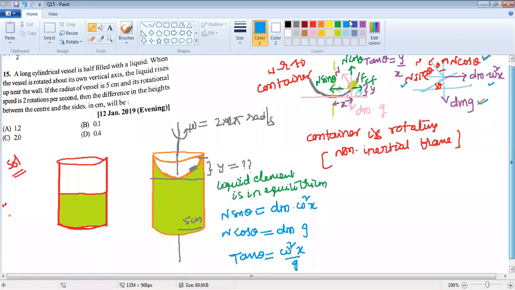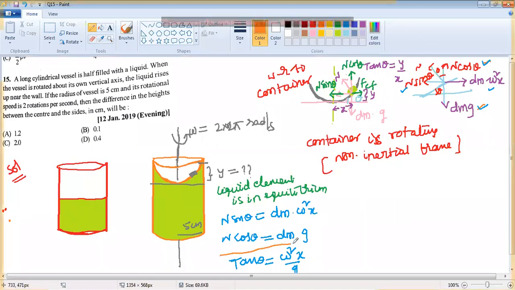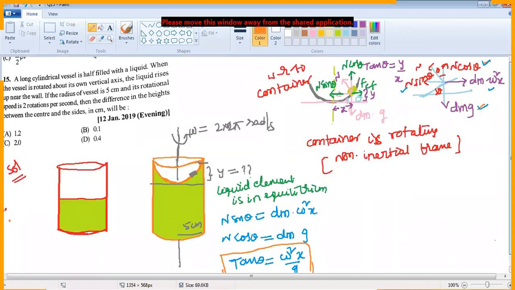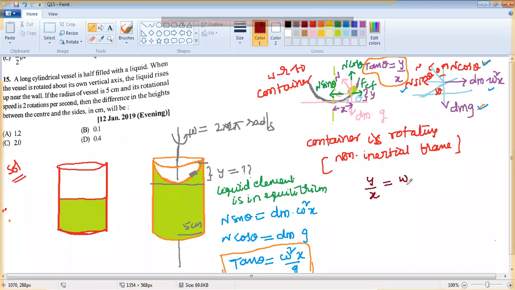We already know from the figure that tan theta equals y by x. So y by x equals omega square x by g, then y equals omega square x square by g. This is important.